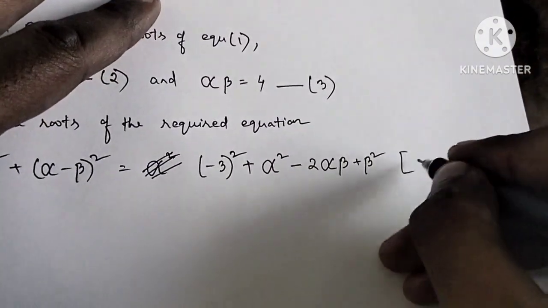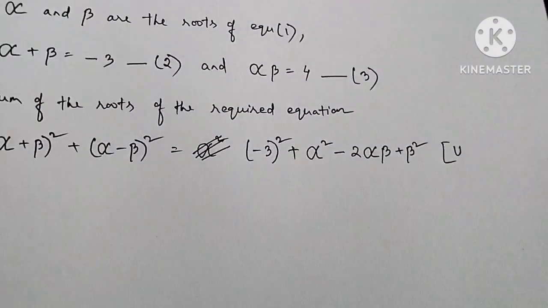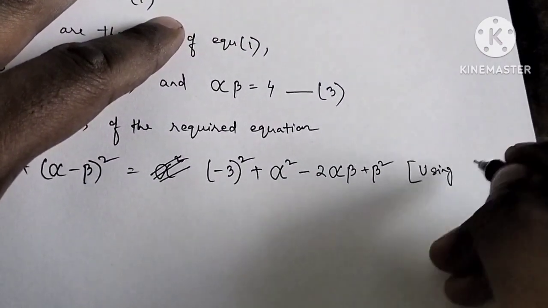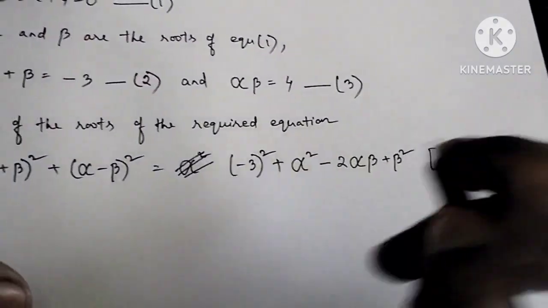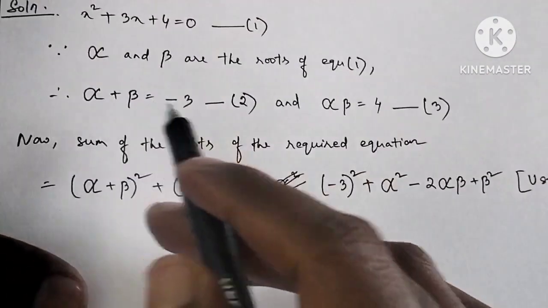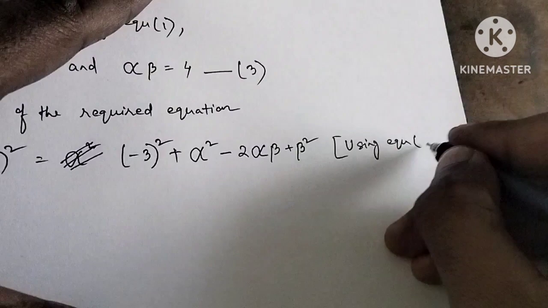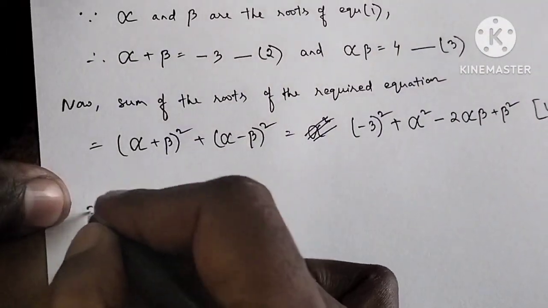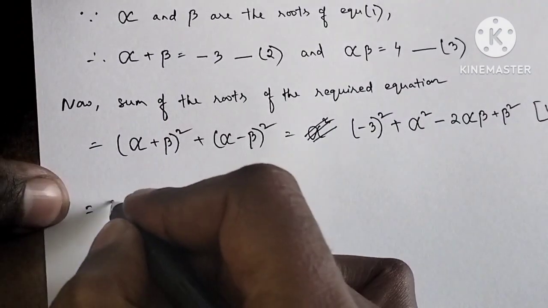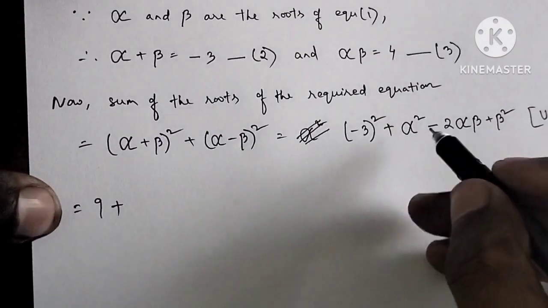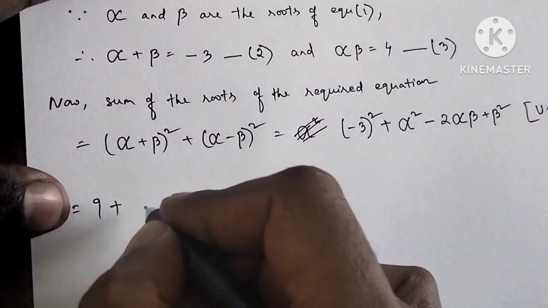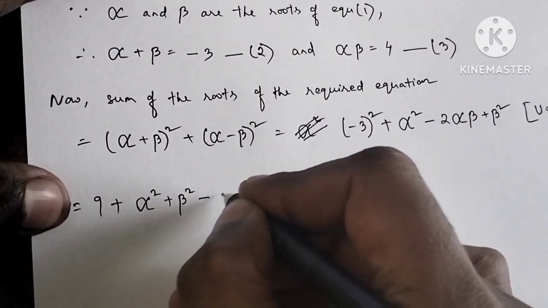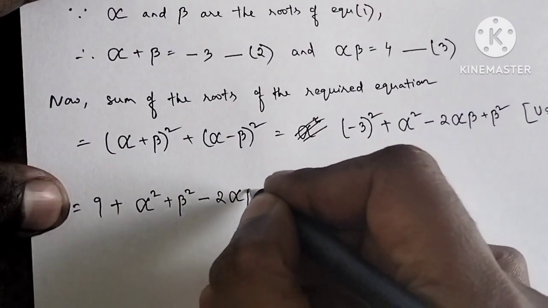And here you have to write using equation 2, this value we have got using equation 2. So it will be minus 3 square is 9, plus alpha square plus beta square minus 2 alpha beta.